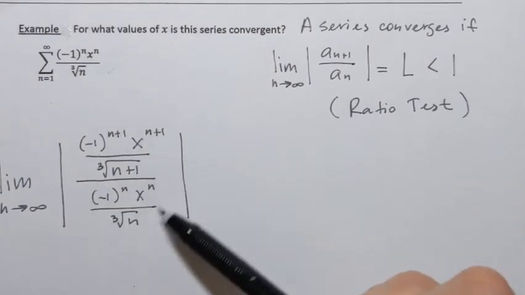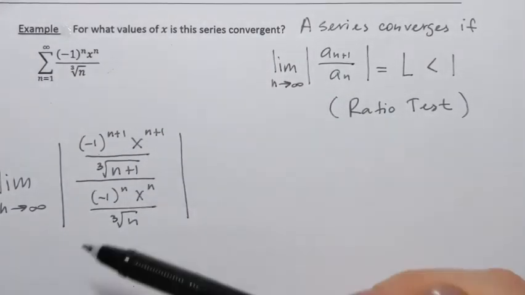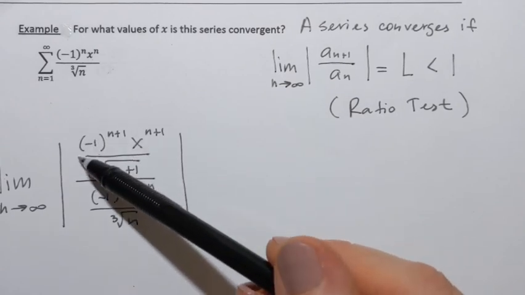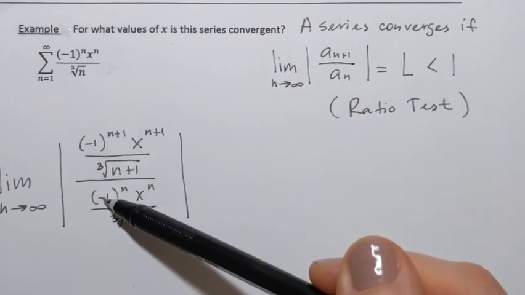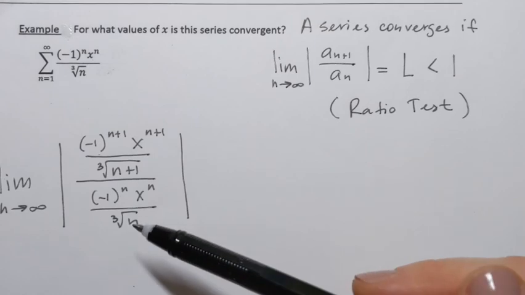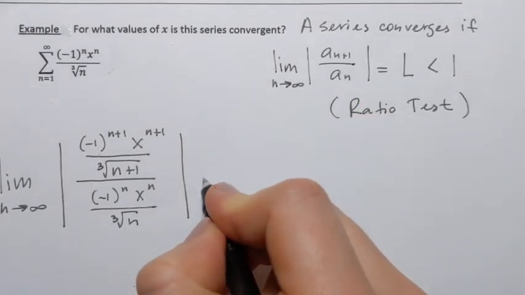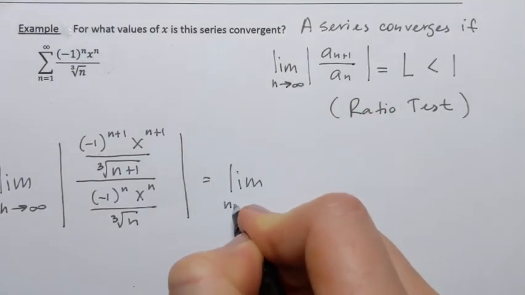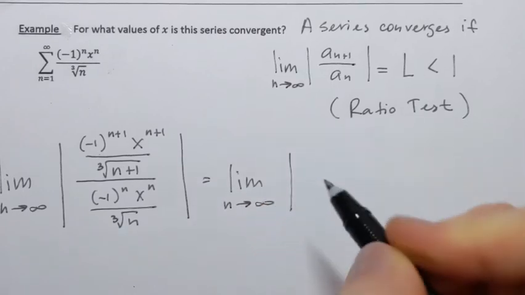Next, we need to simplify this complex fraction. As we apply the absolute value, that (-1) factor becomes positive 1 no matter what the power is, and the factor of 1 can be dropped. So we'll have the limit as n approaches infinity of the absolute value.